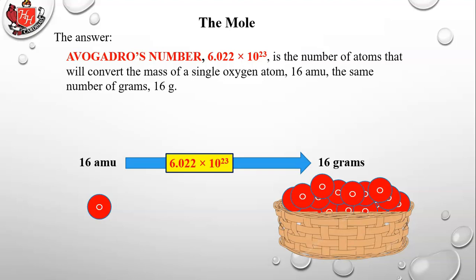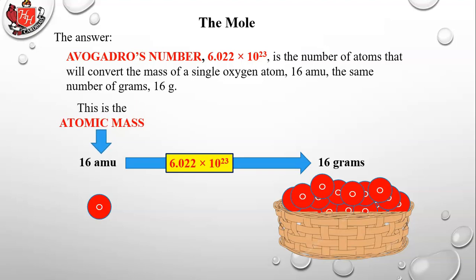But we can know it by knowing how many grams of oxygen we have. How Avogadro figured out that number is something that's for discussion later in the course. It's not important at this point. Just understand that he figured out that that was the number, and it's been used ever since.